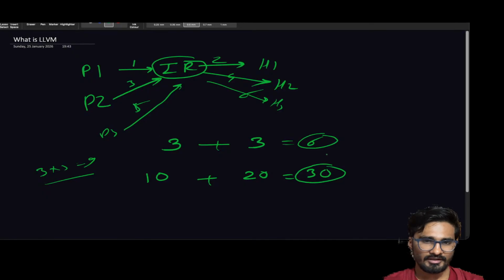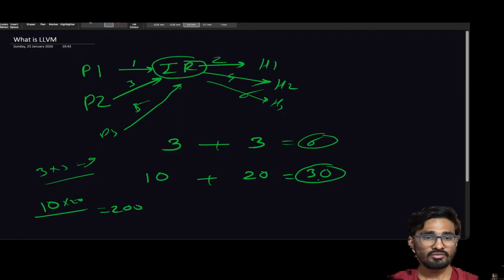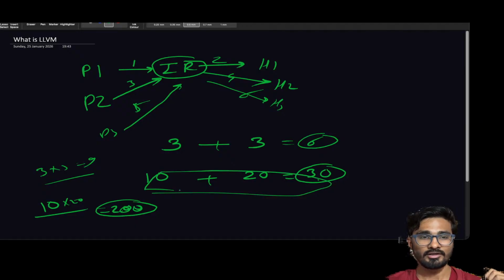If we are generating an intermediate representation, we have to create just 30. Just think, we would have to write the same code redundantly 200 times, but here we have to write just 30. You can see the difference, and why the IR is important.